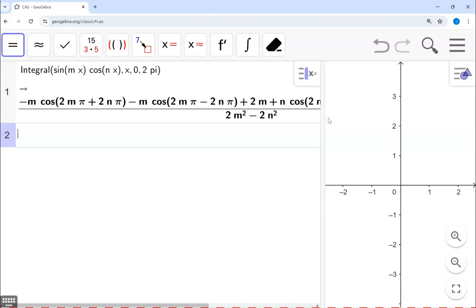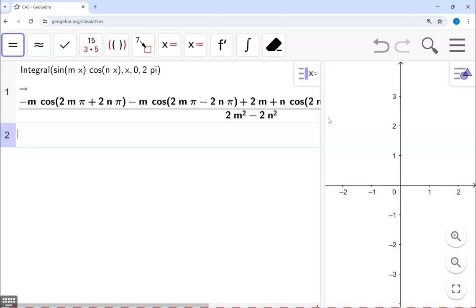This is always a multiple of 2 pi. When I add two multiples of 2 pi together, I get a multiple of 2 pi. What is cosine of 2 pi anything? It's always 1, right? So that first part right there is going to be negative m on top. That part will be negative m.